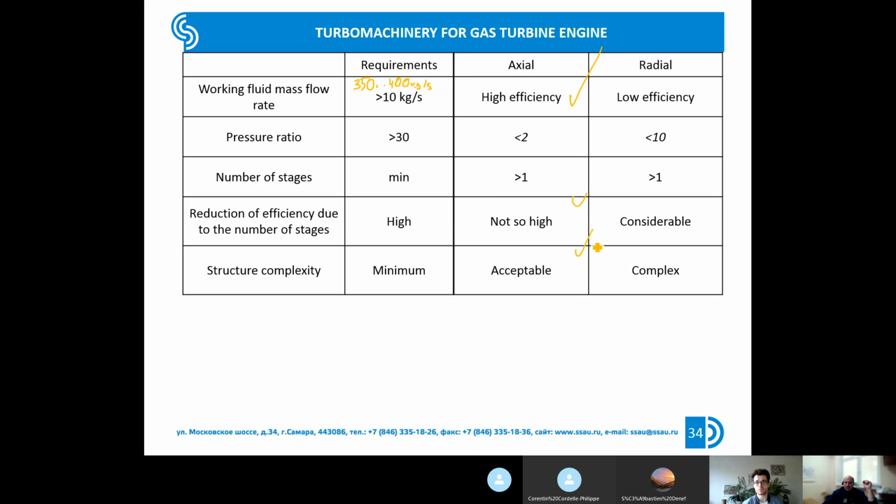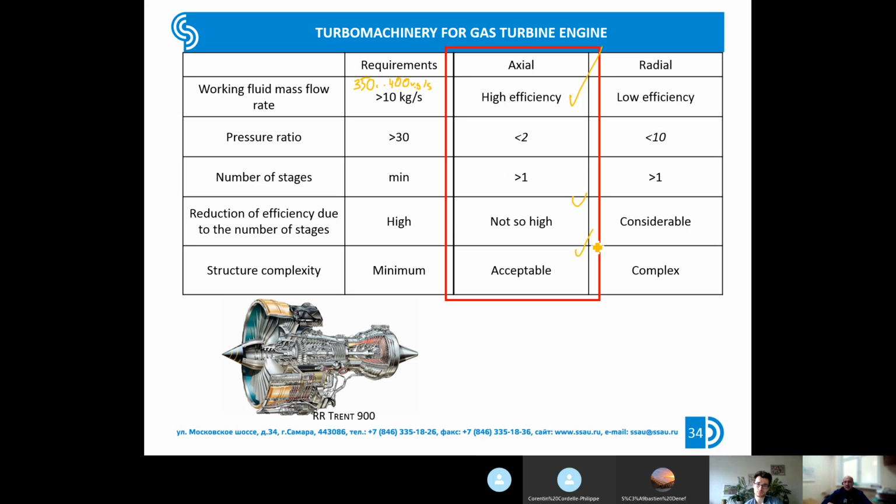So, we see that for the gas turbine engine for the aircraft, the most suitable will be to use axial turbomachinery stages, because it's the better choice in the conditions at which the typical gas turbine engine operates.